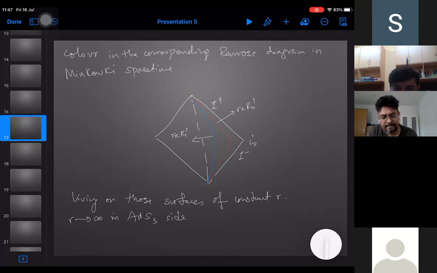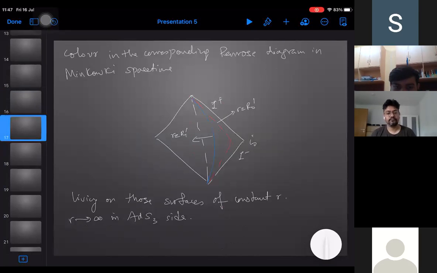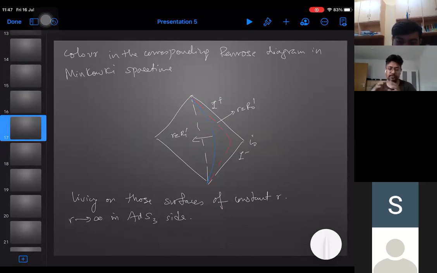Actually I didn't quite understand. How does one get this Penrose diagram of Minkowski space from AdS? The asymptotic structure of flat space seems very different from that of AdS, right? So how does one get this by taking the large radius limit? Basically, when you go to the flat space limit, you are going to the Minkowski. Asymptotic symmetries are like the asymptotic flat spaces, so you are doing the same thing here.